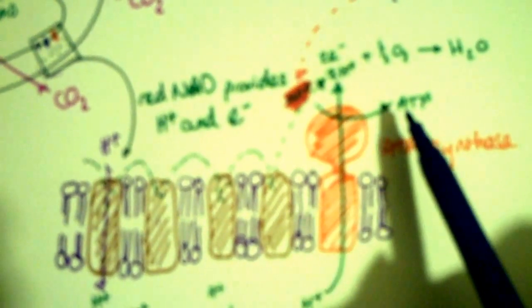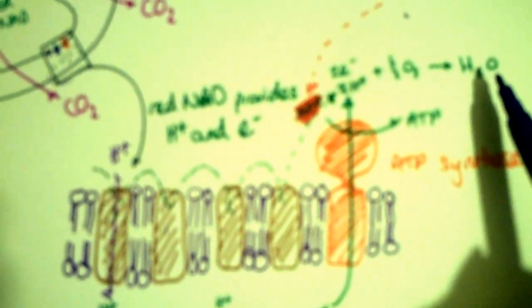So basically the only way out for hydrogen ions is if it passes through this protein. As soon as it does that, it drives the enzyme that replaces ADP with ATP. So by adding the phosphate using the energy from the movement of the hydrogen, you get ATP.